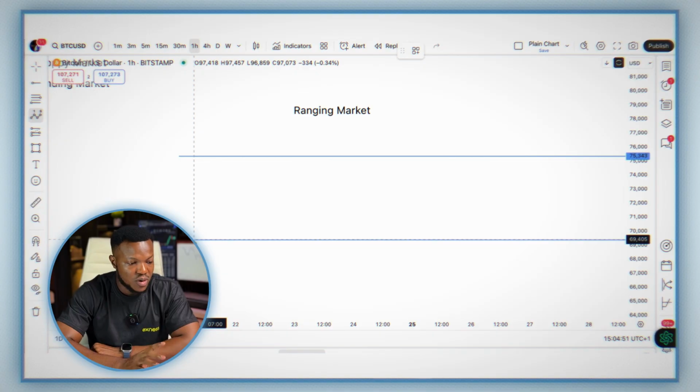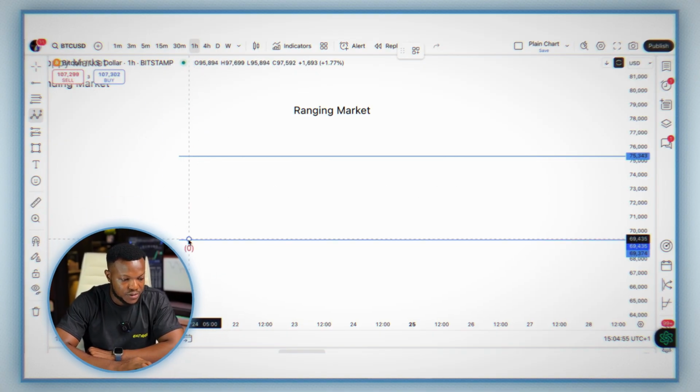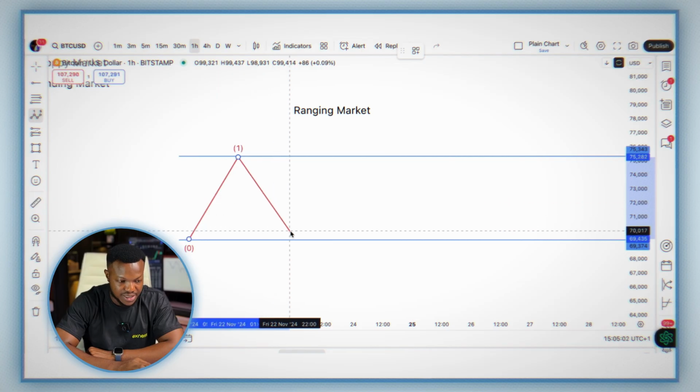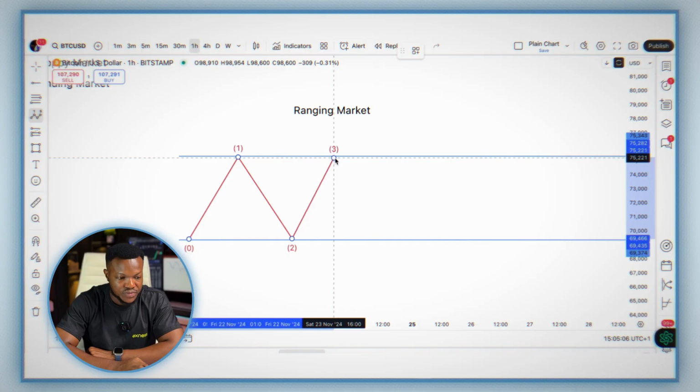So what we mean by equal highs and equal lows simply means, let's say for example, price starts at this bottom, rallies to a particular top, and rejects from there and reverses down to the bottom again, rejects from this same level, goes back to the top, rejects from there, comes back to the bottom, and you can see goes back up to that particular level.